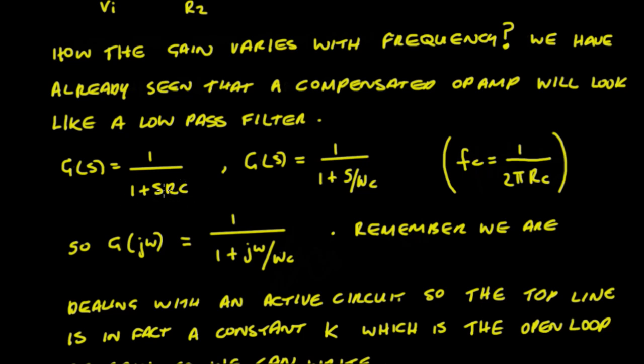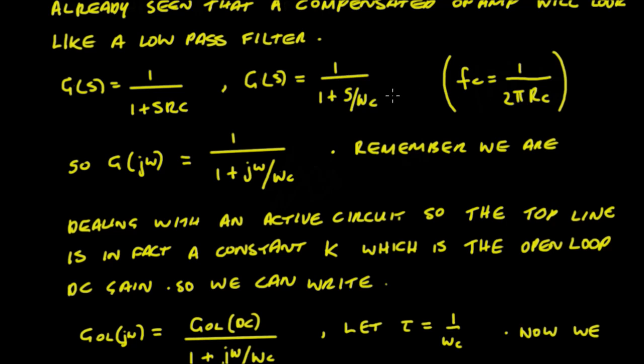We can rewrite RC as 1 upon omega c, because we derived this little equation for the cutoff frequency. So if we replace s with our actual frequency j omega, then we have G(j omega) = 1 upon 1 plus j omega upon omega c.